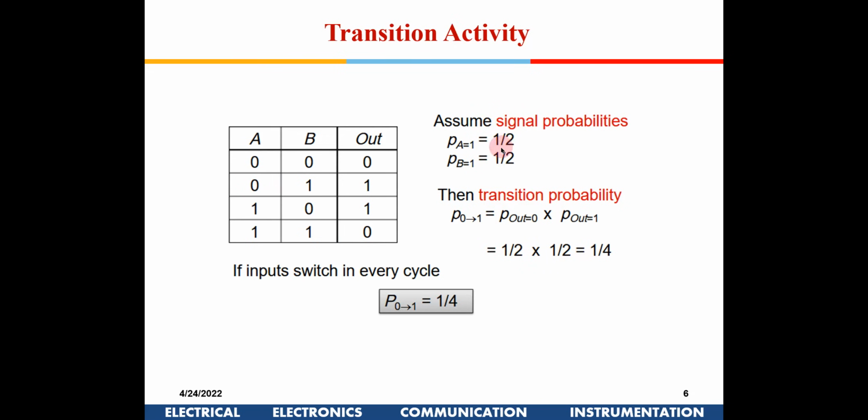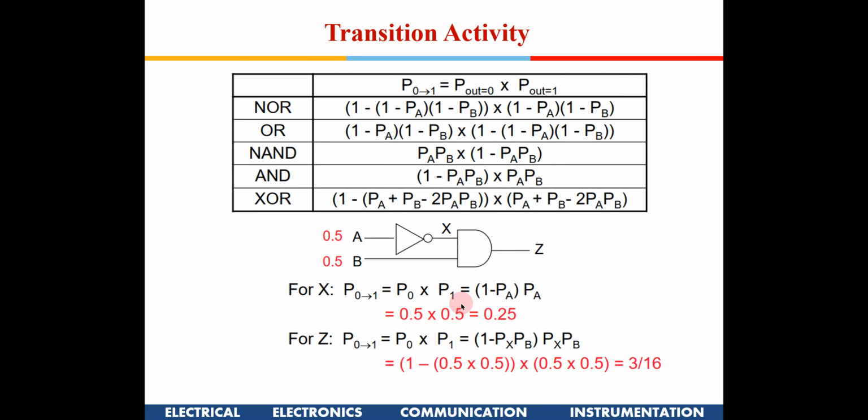Otherwise it gets modified accordingly. So the transition probabilities for 0 is 1 by 2, and for 1 it is 1 by 2. You multiply these two, you get 1 by 4. So the transition activity for an XOR gate comes out to be 1 by 2. Okay, the transition activity is 1 by 2 for an XOR gate.